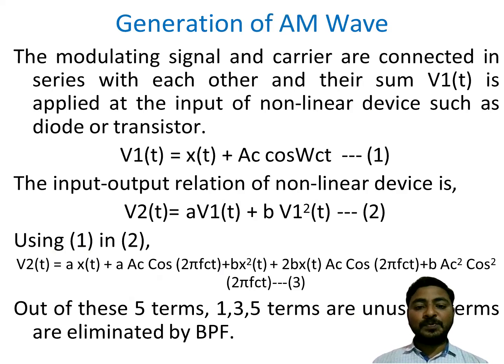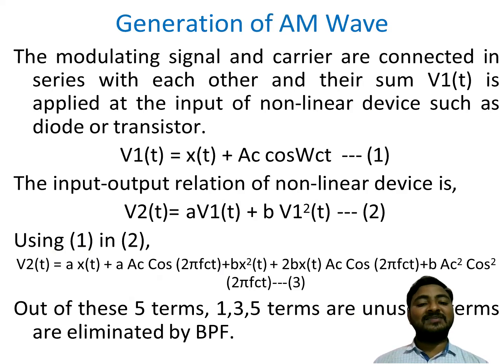Next, the input-output relation of the non-linear device, which can be a diode or transistor. The input-output characteristic of the diode or transistor is V2(t) = A V1(t) + B V1²(t). In this equation, V1 is the input signal, meaning the message signal added to the carrier signal.